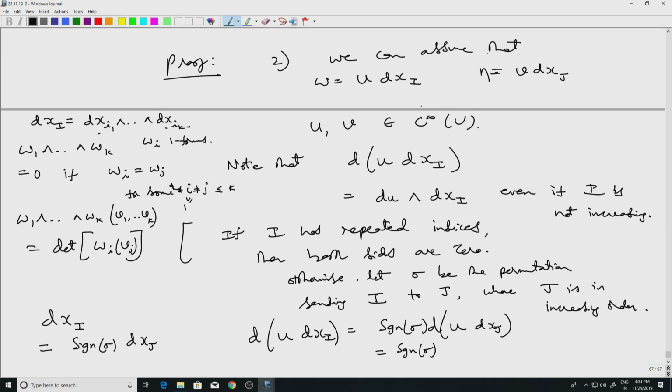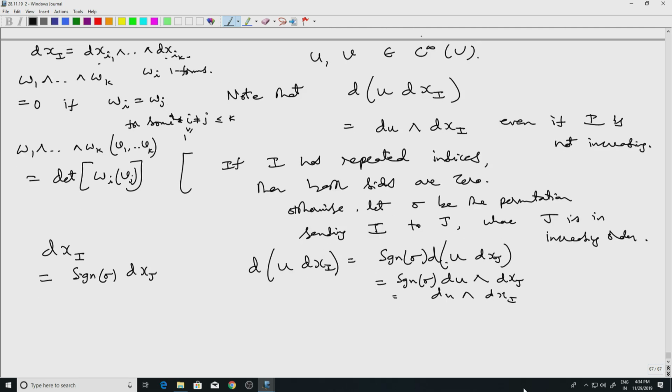Now the point is, this J is in increasing order, so d of this I know by definition will be du wedge dx_J. Again combine the sign sigma with dx_J to get du wedge dx_I. That's it. So this shows that this formula continues to hold.